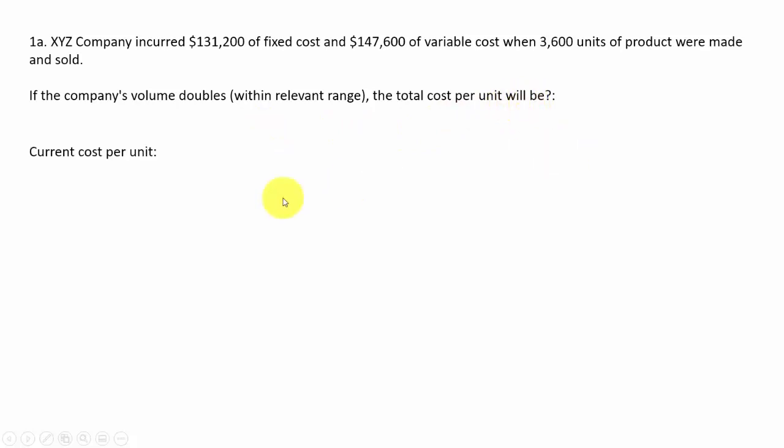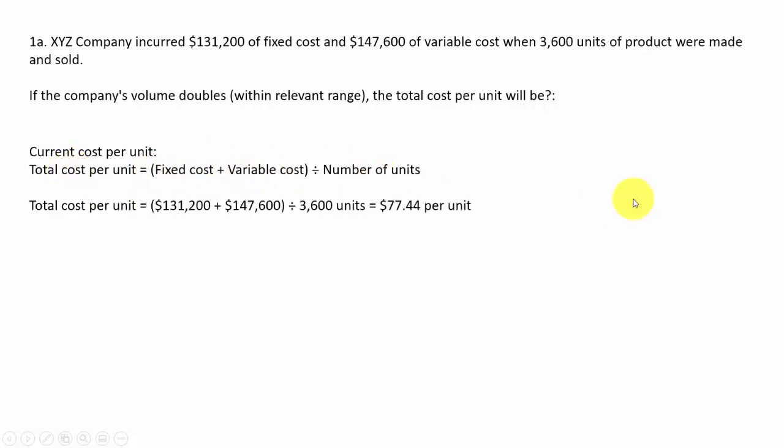Okay, so their current cost per unit is going to be something called total cost per unit, which is made up of two things, fixed cost and variable cost. And we're going to add those together and divide by the number of units to get their current cost. So their current costs are their fixed cost of $131,200 and their variable cost of $147,600.